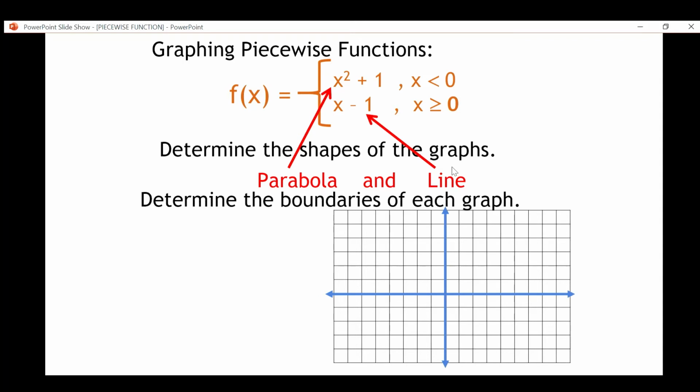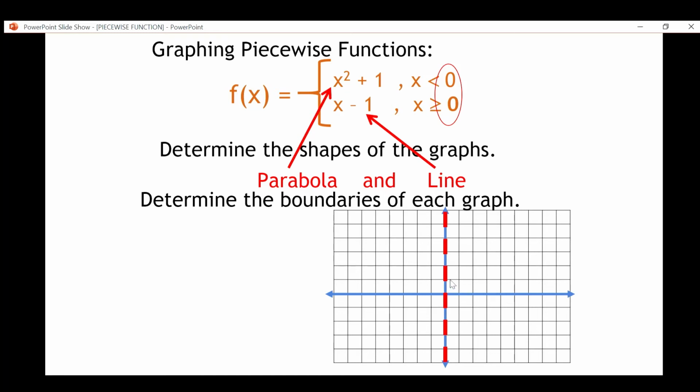Okay? Next step is to determine the boundaries of each graph. So, yung interval ng domain natin. So, paano yung pagkakahati? First one is x less than 0. So, from 0, pakaliwa. Ayan. And then, yung second naman for this function is x is greater than or equal to 0.